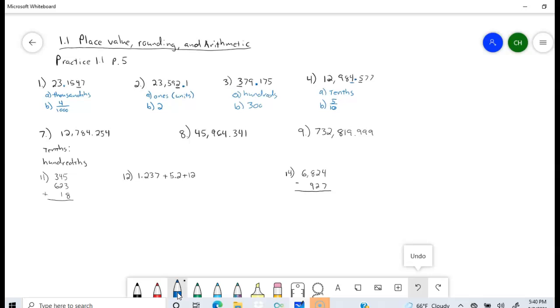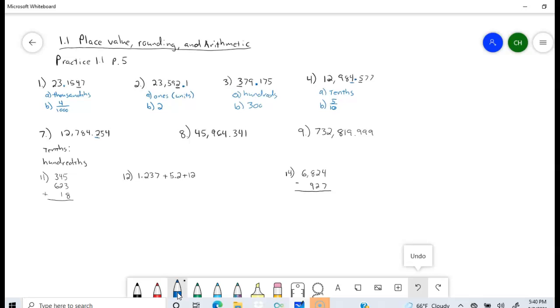So number 7, it's given us a chart here. It wants us to complete the rounding chart. The first two, the thousands and hundreds spots, have been done for us. We're rounding to the tenths and to the hundredths. So on the first one, to go to the tenths, my tenths spot is right here.